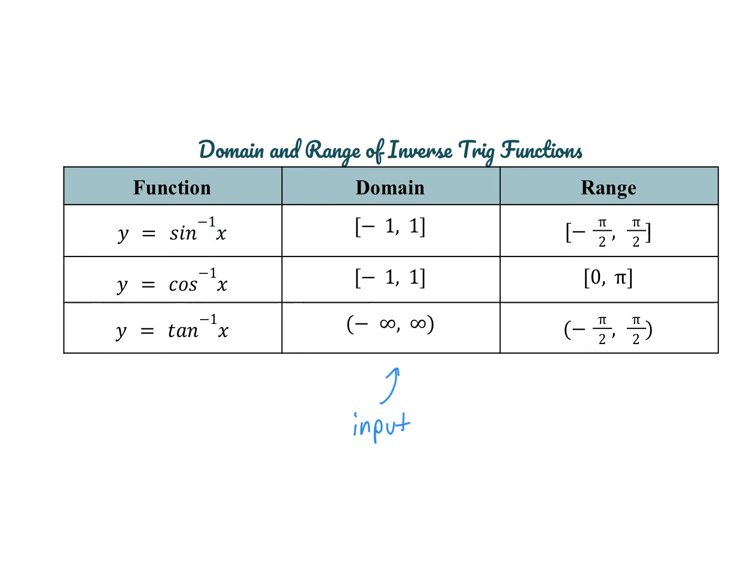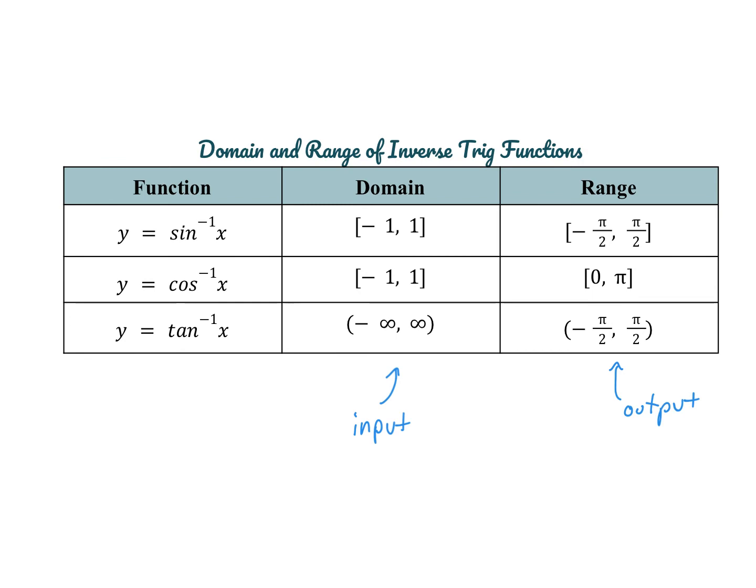That does not exist for this function. But for arctangent, we could plug in any number and we will get an output. Now, the range, or the output, tells us what our answer will be. And for these, the output is an angle. So this is telling us that if we use arcsine, it can only give us an answer between negative pi over 2 and positive pi over 2.